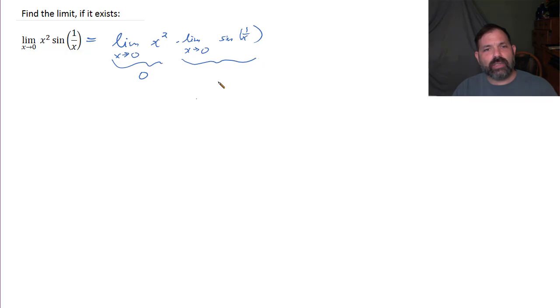But the limit as x approaches 0 of sine of 1 over x, we saw this limit in a previous section, I think in the Introduction to Limits topic. In the video for that, we saw that this limit does not exist. Now, just because we have a 0 times a limit that does not exist, that doesn't mean that this whole limit necessarily does not exist as well.